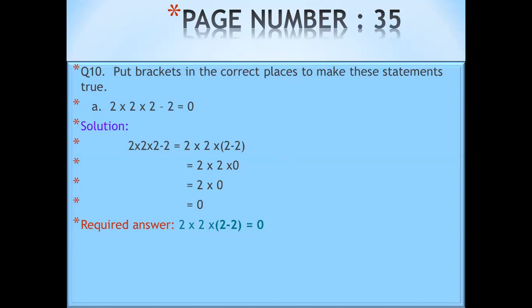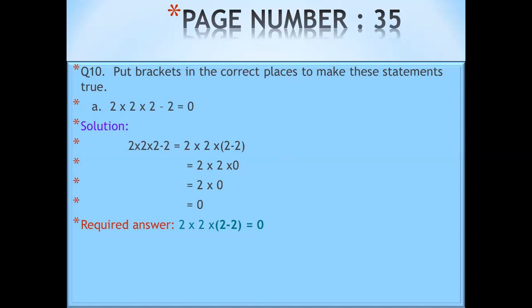I do the solution for you. Think carefully, put brackets in the correct places to make these statements true. We enclose the numbers within the brackets and we see whether the answer is correct or not, whether the statement which is given to us is correct or not.